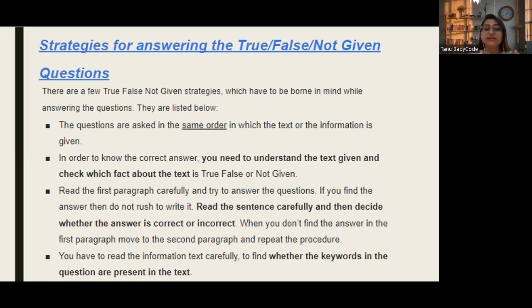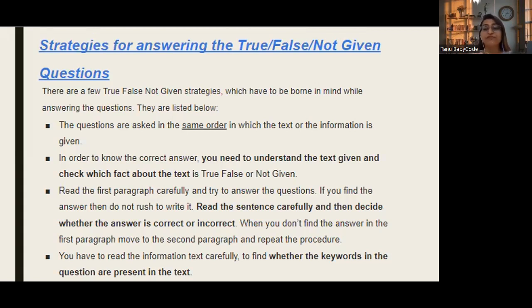Once you are done, make sure you read the first paragraph very carefully and try to answer the questions. If you find the answer, do not rush to write it. Read the sentence very carefully and decide whether the answer is correct or incorrect. When you don't find the answer in the first paragraph, move to the second paragraph and repeat that procedure again whenever required.